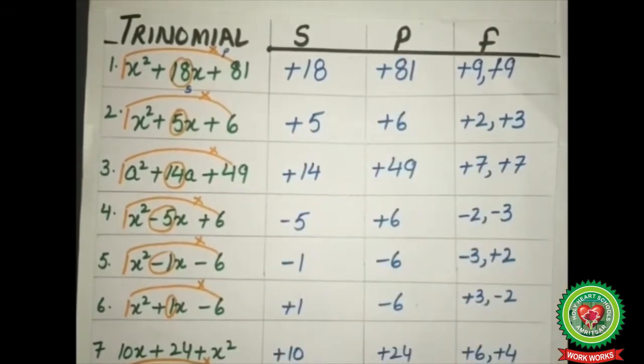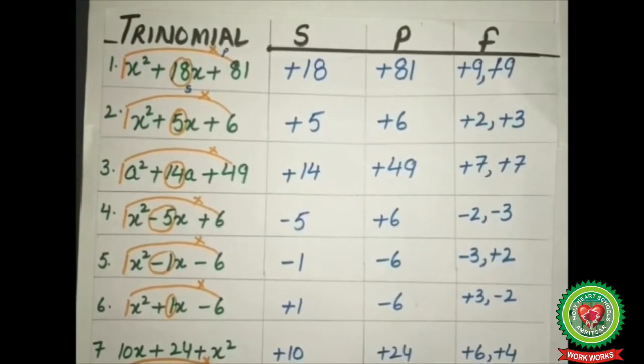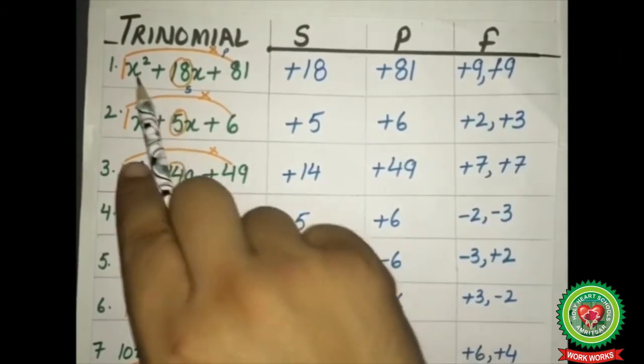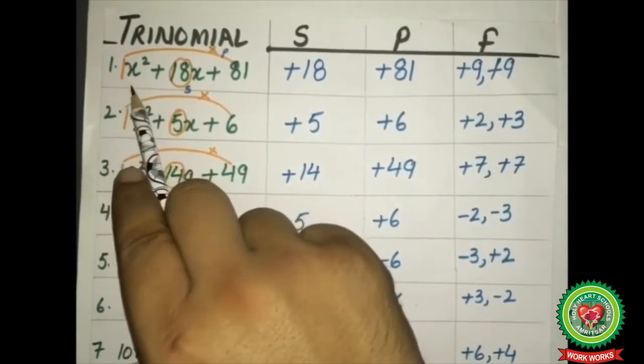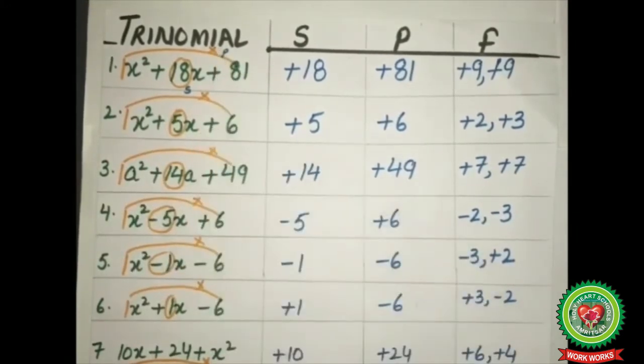I'll repeat it again: the coefficient of x will be the sum, and the product of the coefficient of x square and the constant term will be the product.